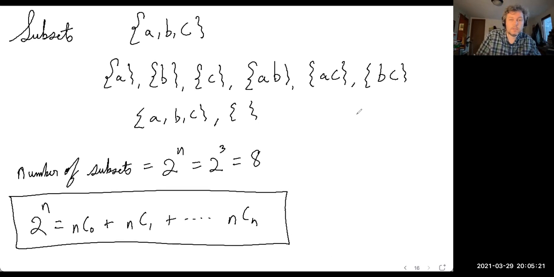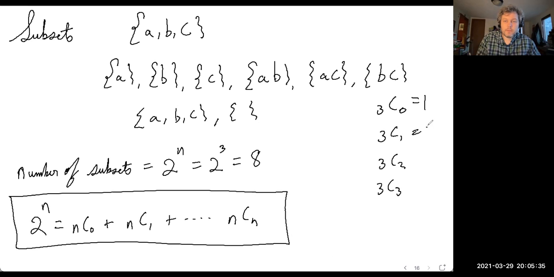So this is also 3 choose 0, 3 choose 1, 3 choose 2, 3 choose 3. Okay. That's 1. That's 3. That's 3. And that's 1. Yeah. 6, 7, 8. Yeah.